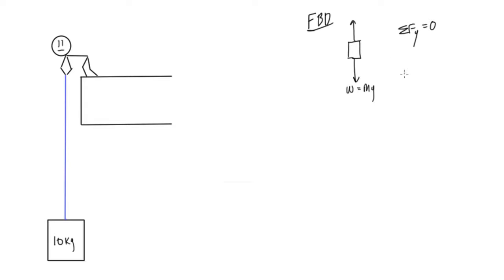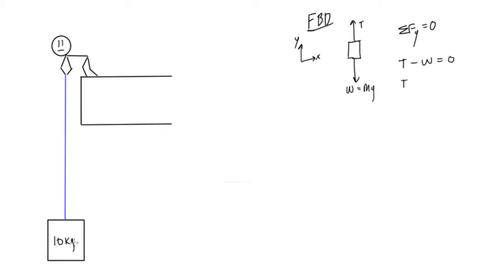So all we have to do then is add up the forces. So let's call this tension. And again we'll say that this is x, y. So up is going to be the positive y direction. So we will have the sum of forces, tension going up minus weight is equal to 0. But we know what weight is.